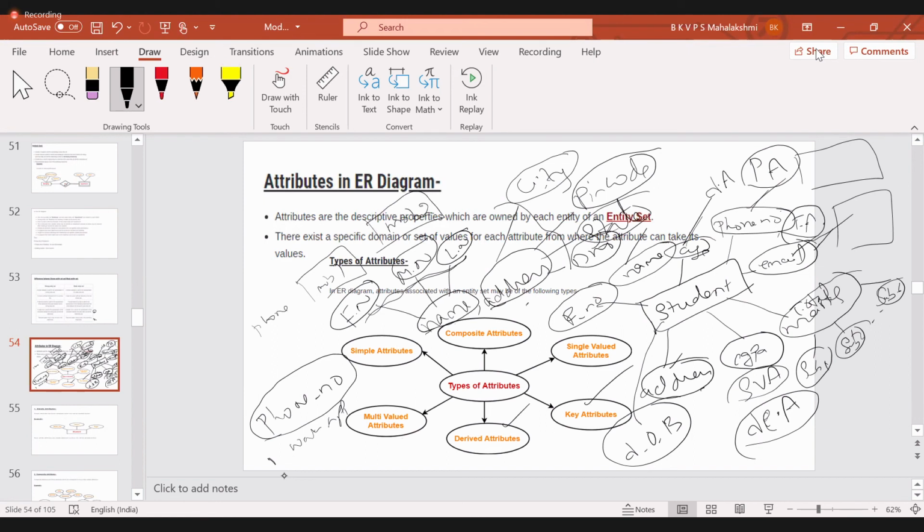But they will not ask you to give phone number 1, give phone number 2, like that. Understand? If any attribute has 2 values, then that is called a multi-valued attribute. Understand?